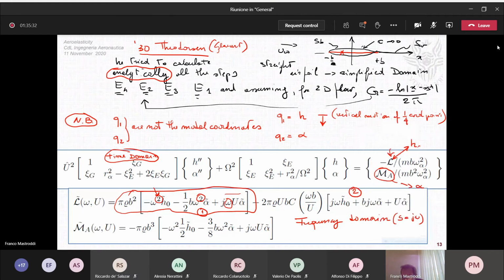And we have this special function, a function C, which is also known as the Theodorsen function. And this Theodorsen function is a complicated function of omega. It's not a polynomial dependency, but this function is a transcendental function of omega.